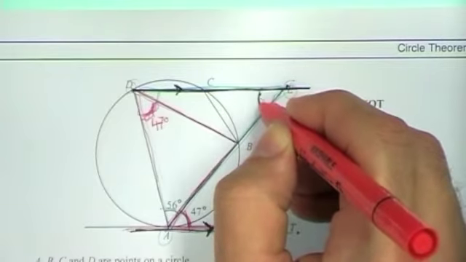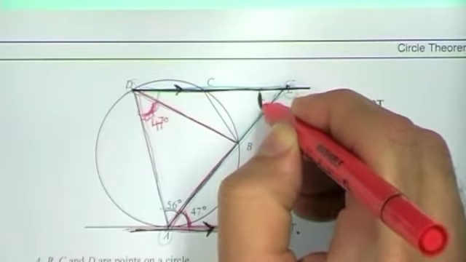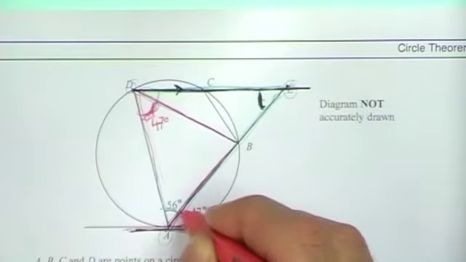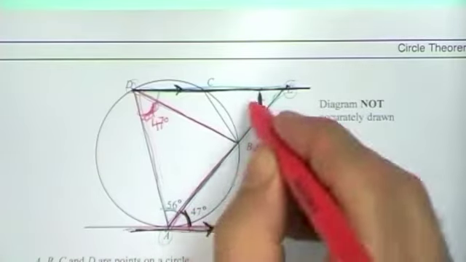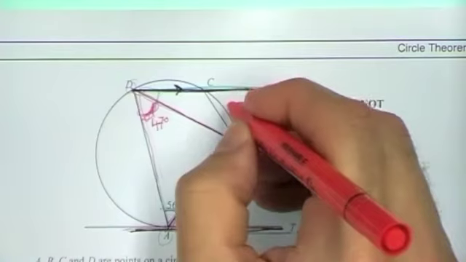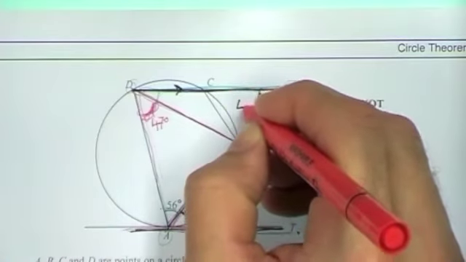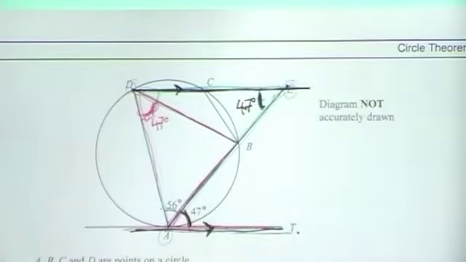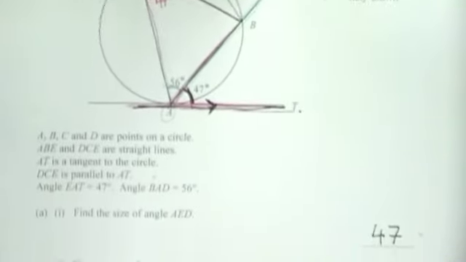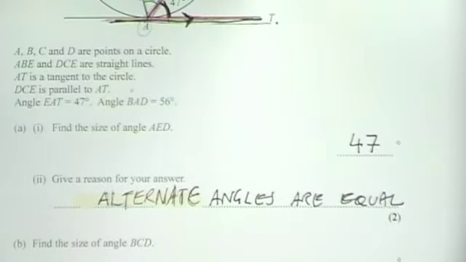This green angle here is exactly the same as this angle of 47 degrees there, because they're alternate angles. So that angle is actually 47 degrees. So there's the answer there. It's 47 degrees because alternate angles are equal.